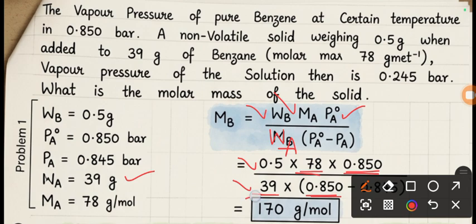When we calculate, we get the molar mass of the non-volatile solute as 170 grams per mole.